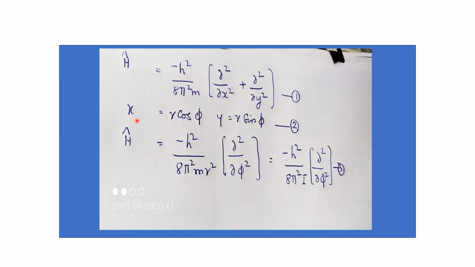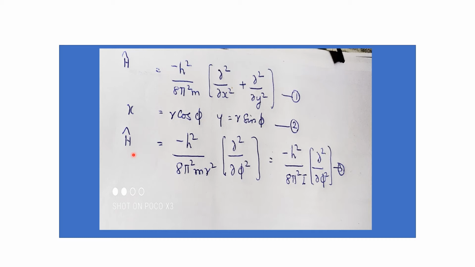The Cartesian coordinates x and y are related to polar coordinates as x equal to r cos phi and y equal to r sin phi, where phi is the angular variable which varies from 0 to 2 pi and the radius r is a constant.